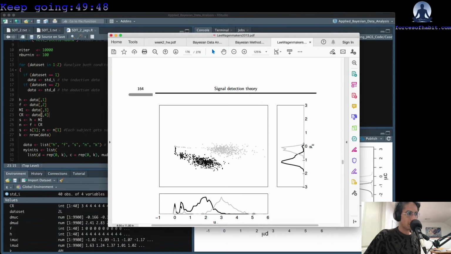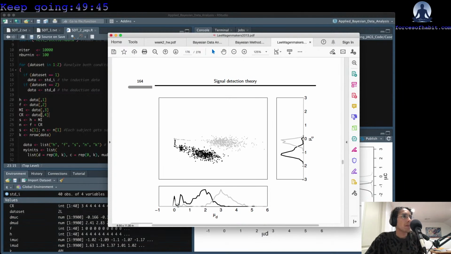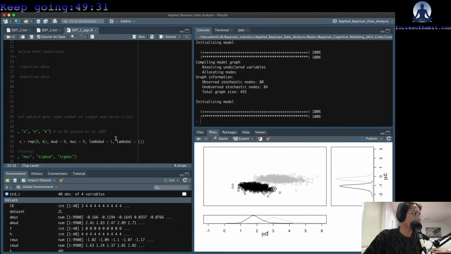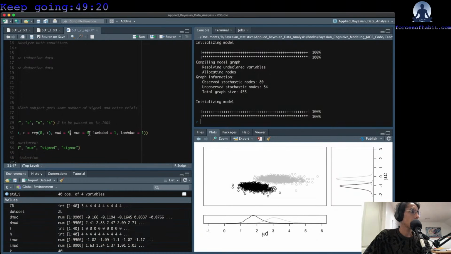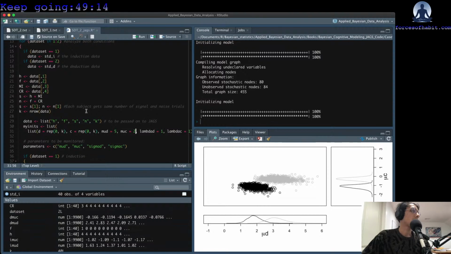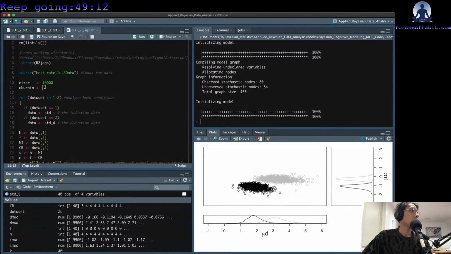Looks like they got stuck somewhere, right? So when the average discriminability is something, the average bias was something, maybe. I'll change them to something outrageous. Let's see what happens.